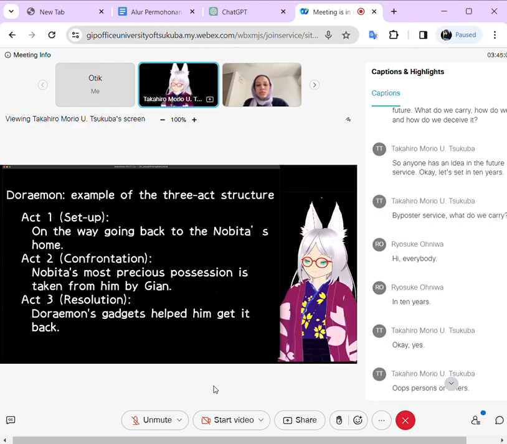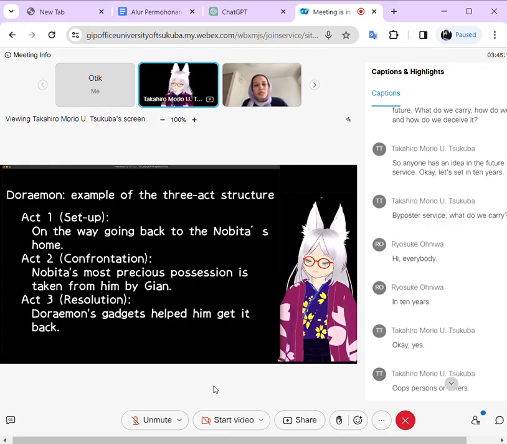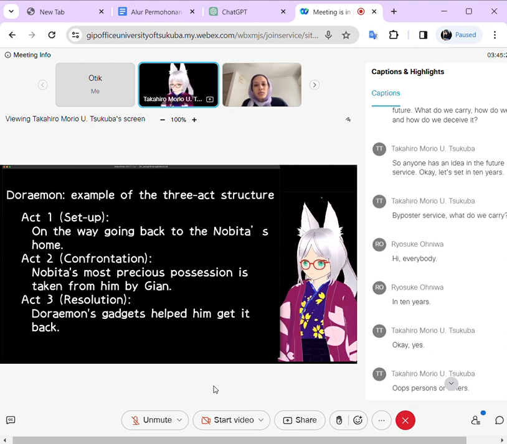To explain the three-act structure, let's use Doraemon. You may know Doraemon. In Act 1, on the way they're going back to Nobita's home. This is the setup, the explanation of the situation.